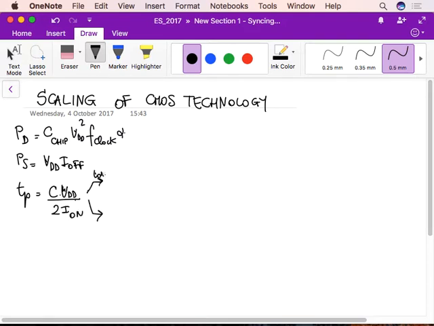Then for a long transistor it is C VDD over 2K VG. These are expressions that I'm just copying here for convenience.